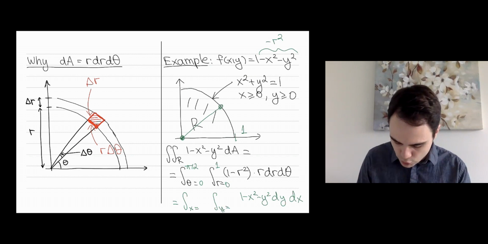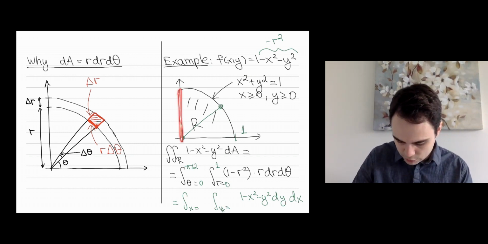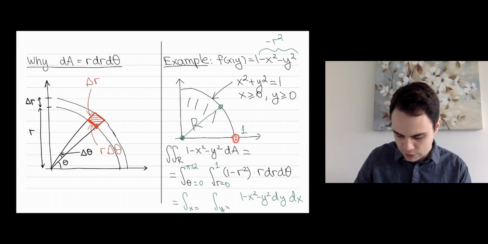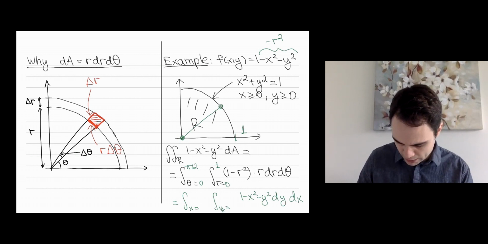So x would go, you see the points with the minimum value of x in the whole region are all here, where x is 0, and the point with the maximum value of x in the region is here, which is 1. So x goes from 0 to 1.